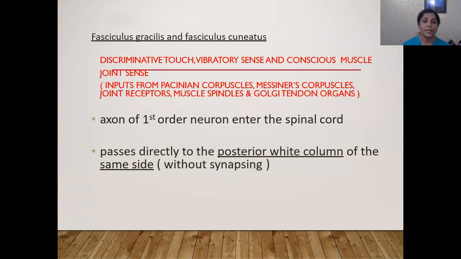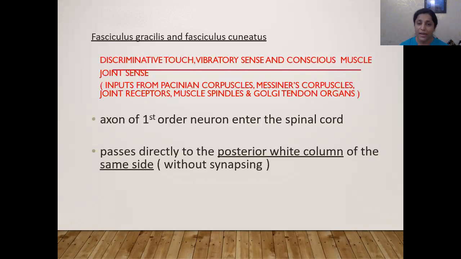These sensations enter the spinal cord via the first order neuron, which enters in the posterior white column of the same side and, without getting synapsed, moves upwards on the same side.